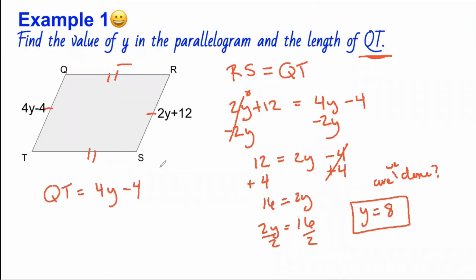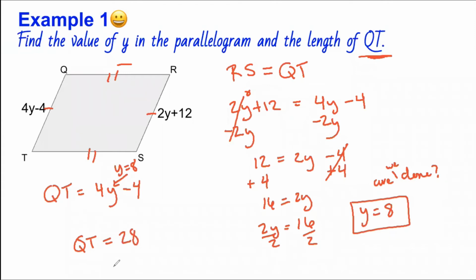We know that y is equal to 8 in this case. So let's substitute that value and see what you guys get for QT. Ramon says 28.